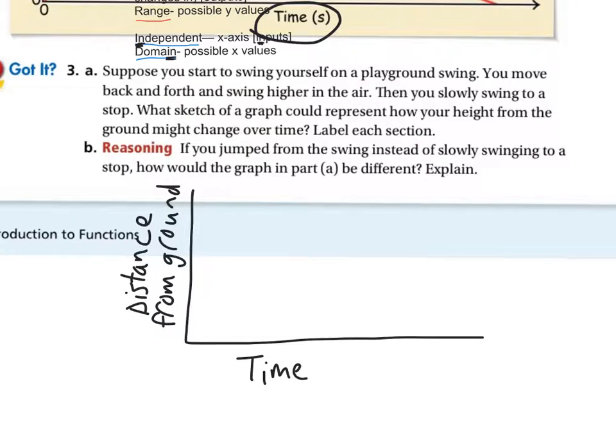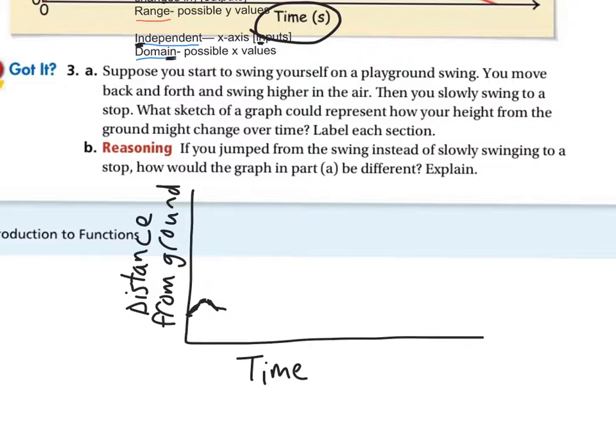So depending on what our reference point is here, if the reference point is like the bottom of the swing, we're actually starting off the ground a little bit, so we're not starting right at 0, 0. And then starting out, our distance from the ground will go up a little bit. Okay, we swing up in the air, and then we come back to that point where the swing was.